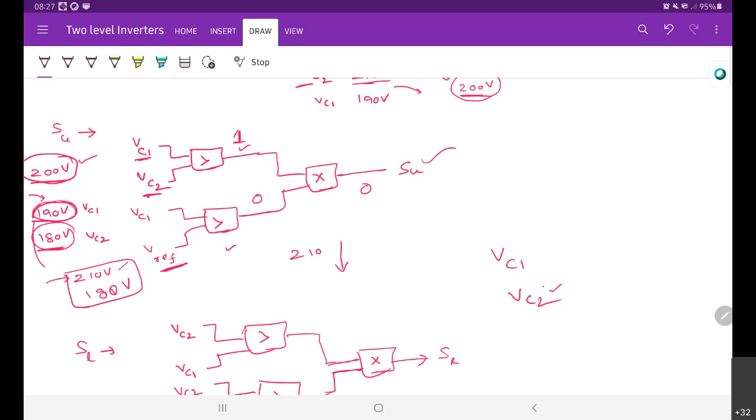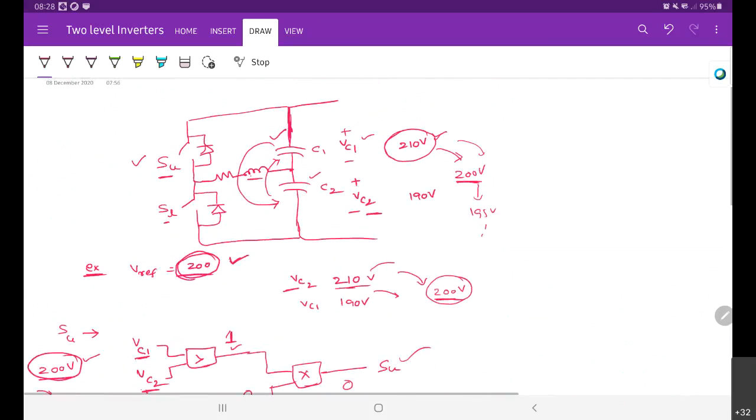If VC2 is greater, there is a chance that the lower will be turned on. If both are the same, the second constraint is also there, so there is a chance that both are 0, but there is no chance that both are 1. Okay, thank you, sir.